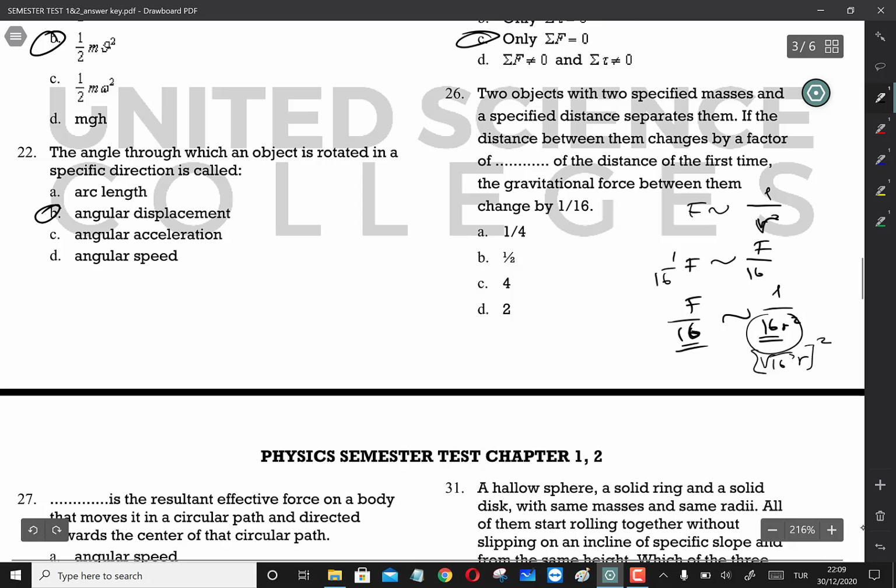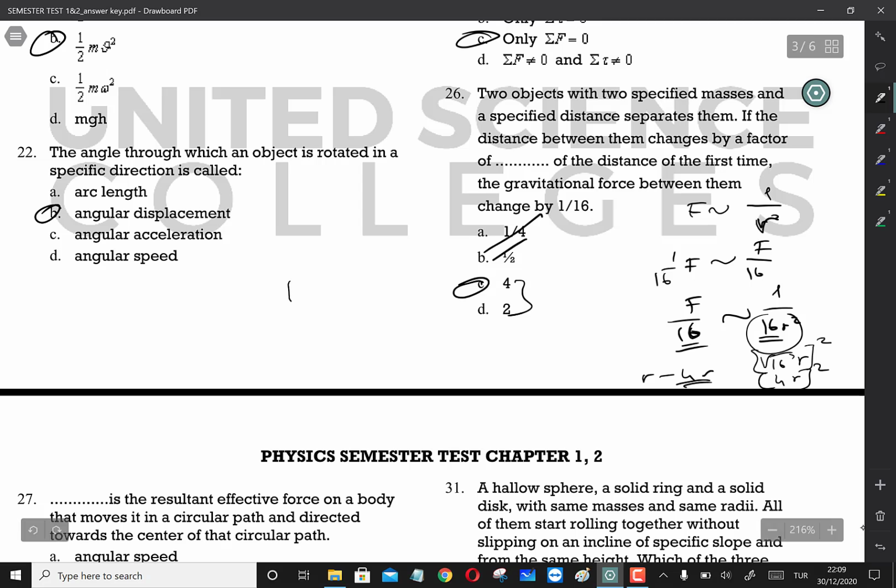Square root of 16 is 4, so the distance must change from r to 4r. The distance increased by a factor of 4. And also we know that if you want to decrease the gravitational force, you should increase the distance. These two are not correct, this one or that one.